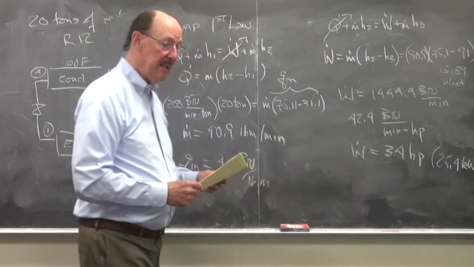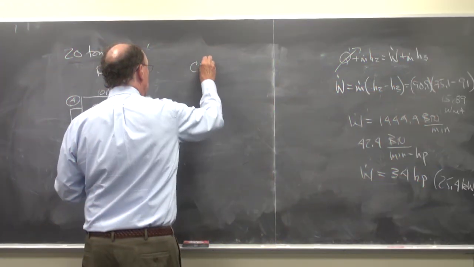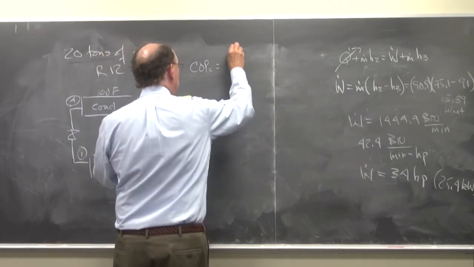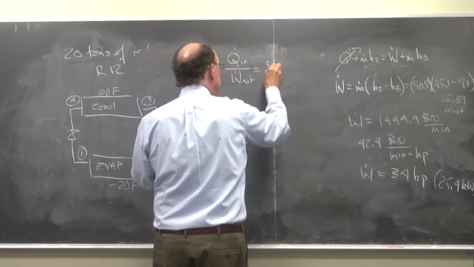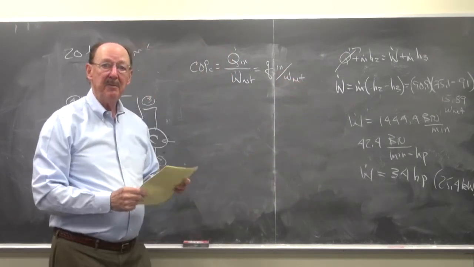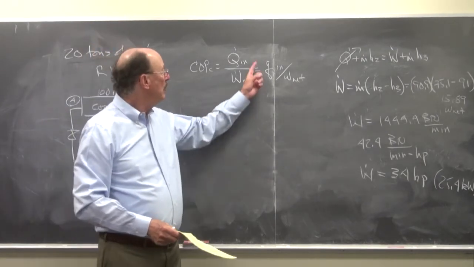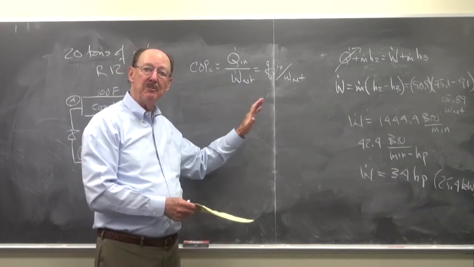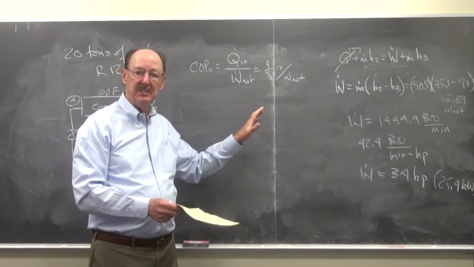Then I can find the COP for cooling. COP_C is equal to Q dot in over W dot net, is equal to little q_in over small w_net. Most often when we do large problems and we have large mass flow rates, etc., we tend to do the cycle analysis per unit mass, and then at the very end correct for including the mass flow rate when we want actual sizes and conditions.